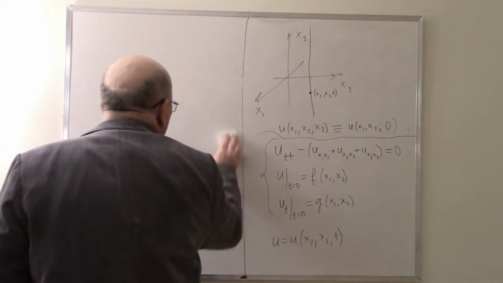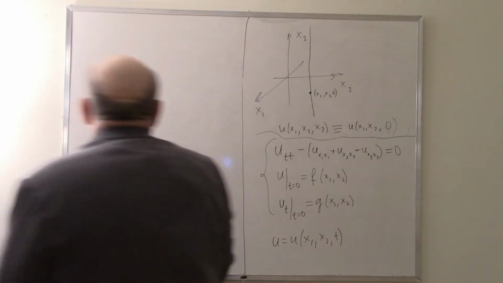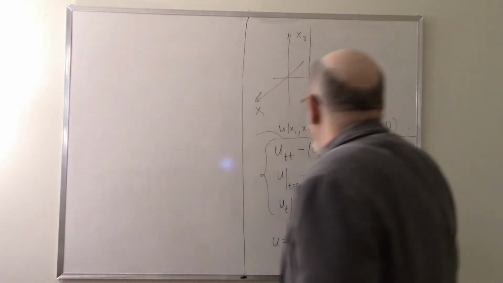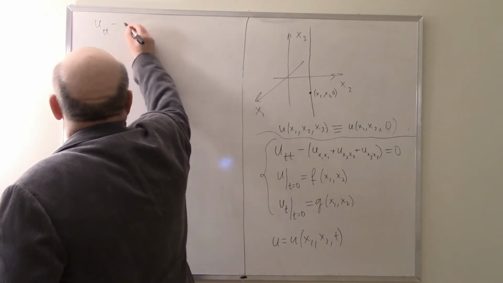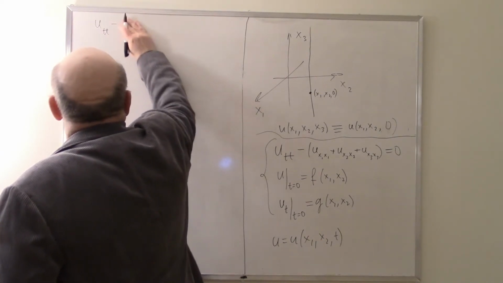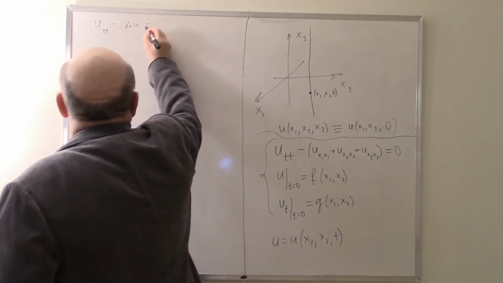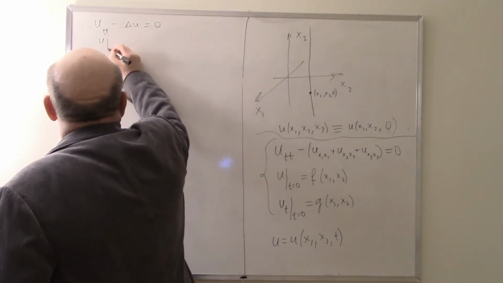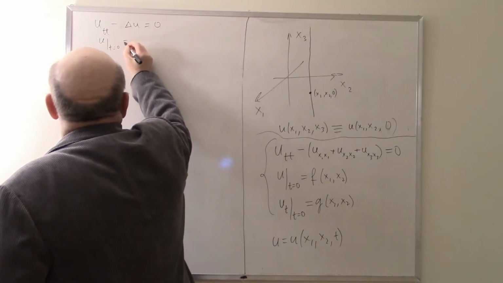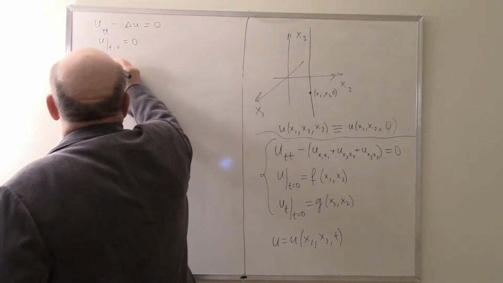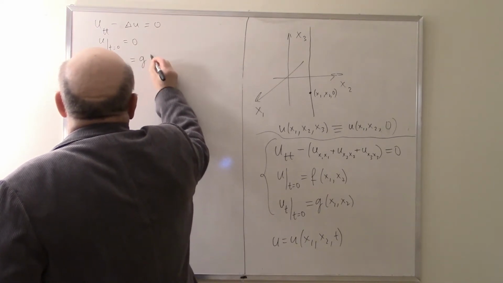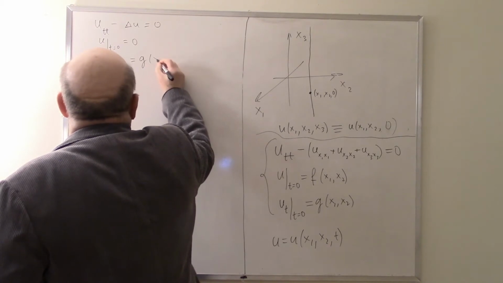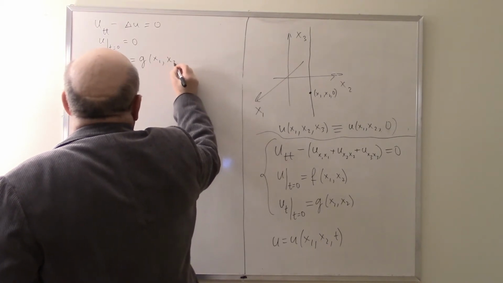And consider first the particular case when f is 0. So u_tt minus Laplacian u equals 0, u for t equals 0 equals 0, u_t for t equals 0 equals g of x1 and x2.